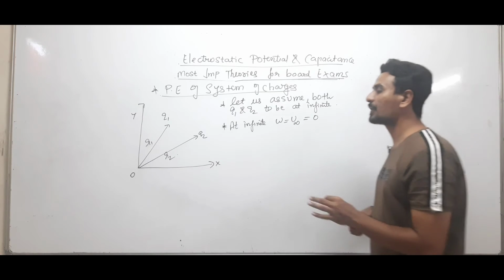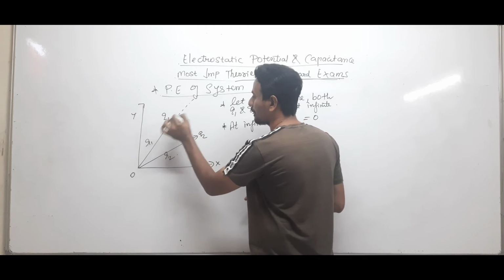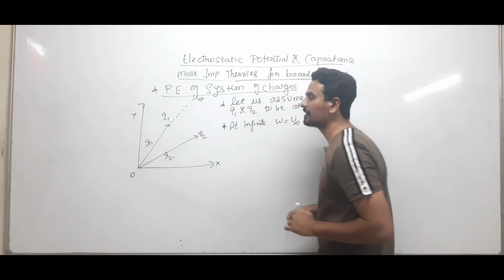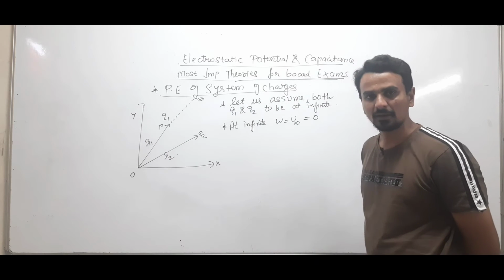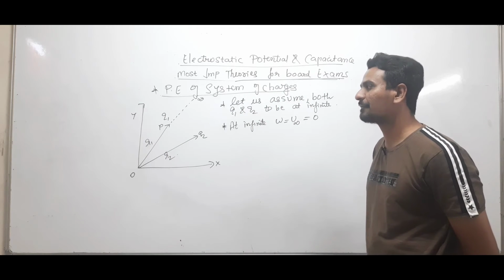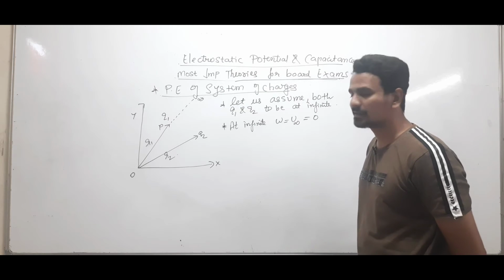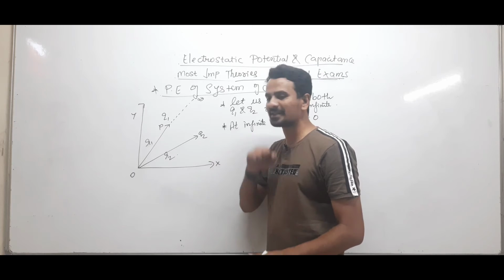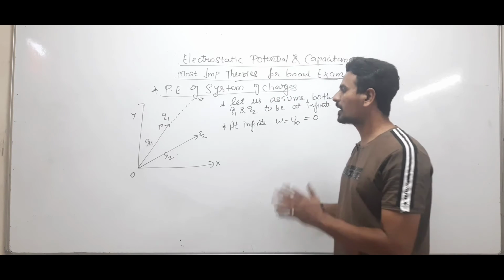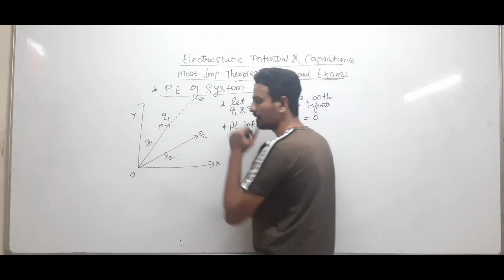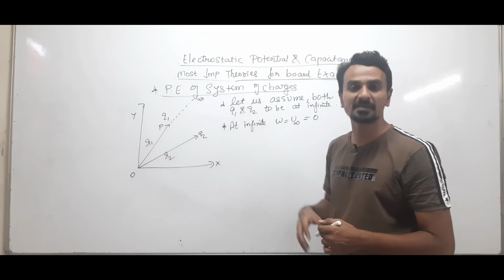Now suppose I am bringing a charge Q1 from infinity to a point P. Since the other charge was at infinity, no work has to be done to bring this charge Q1, because there is no electric field, there is no potential of any other charge.